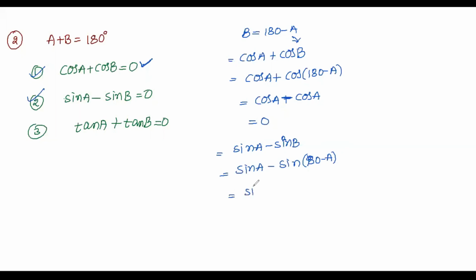So this is sin a minus sin of 180 minus theta is sin theta only, means sin a. So sin a minus sin a is how much, guys? 0. So similarly, you can solve the third one also, prove it. Okay? Yes, I am going to write one more property that you are going to prove. Third one, that if a plus b is equal to 360 degrees.